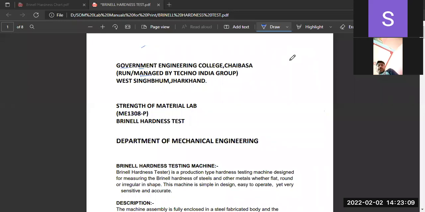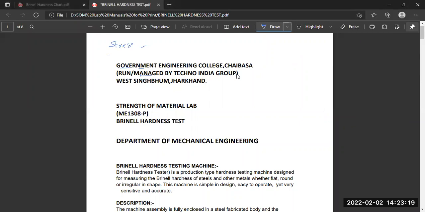What is that? First, what I have told you, that is stress: resistance to external loading. Next, strain: the elongation or deformation due to external load.